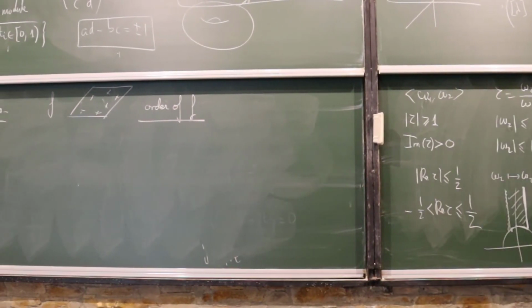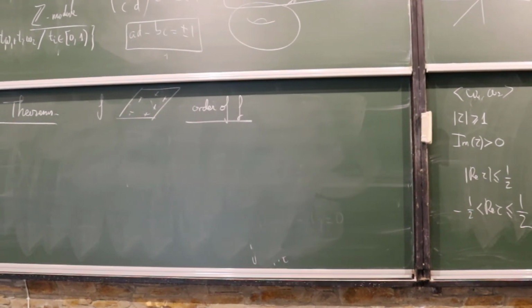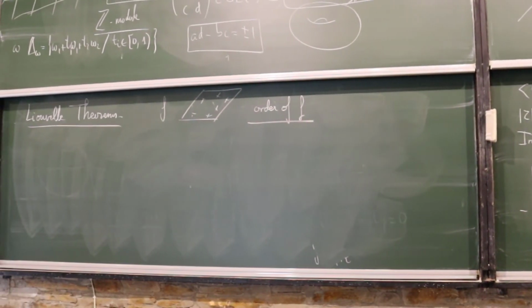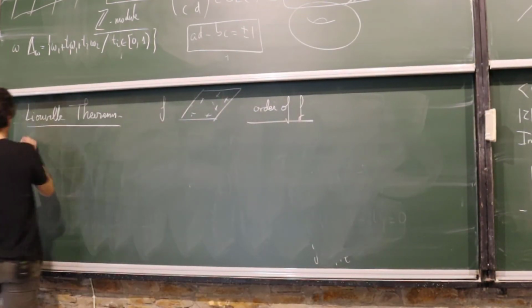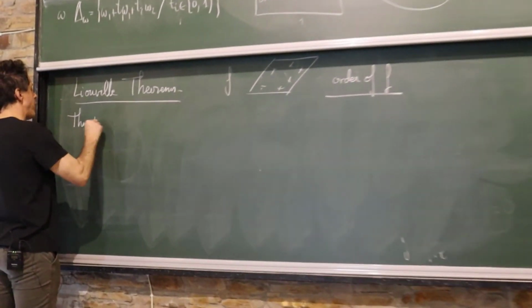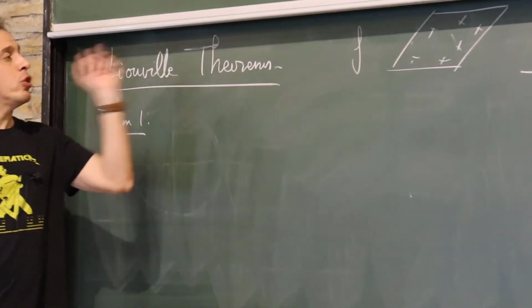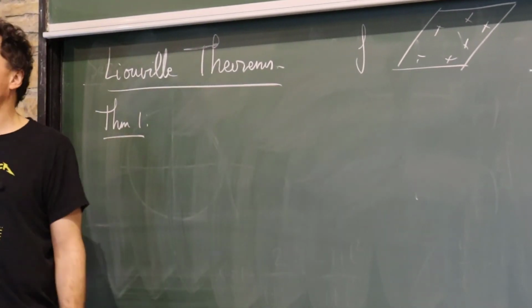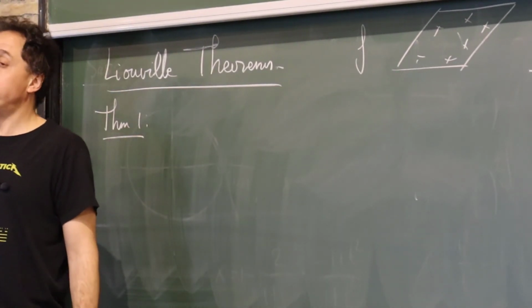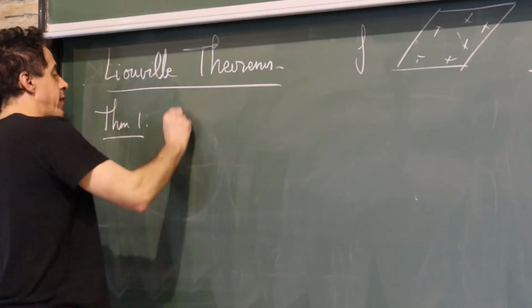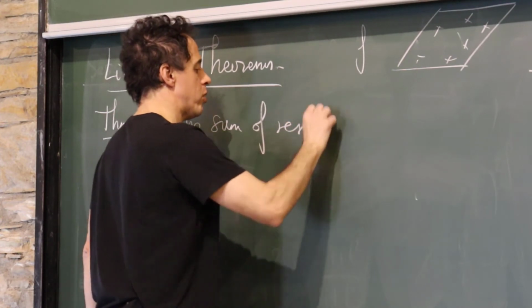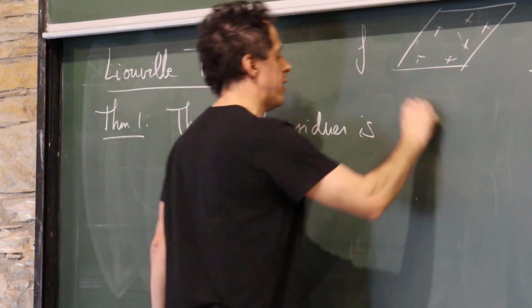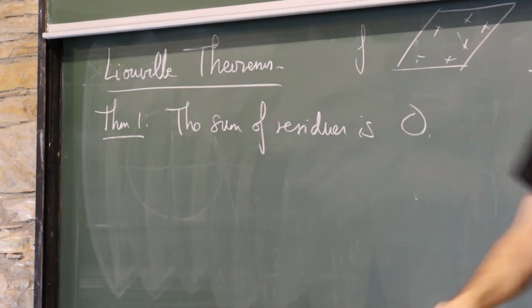So the first of these Liouville theorems, theorem 1, says that if you take a fundamental parallelogram, take all the poles and sum all the residues, the sum is 0. The sum of residues is 0 on a fundamental parallelogram of any elliptic function.